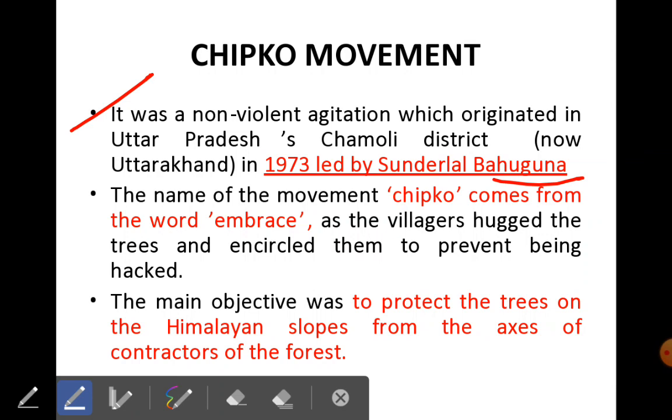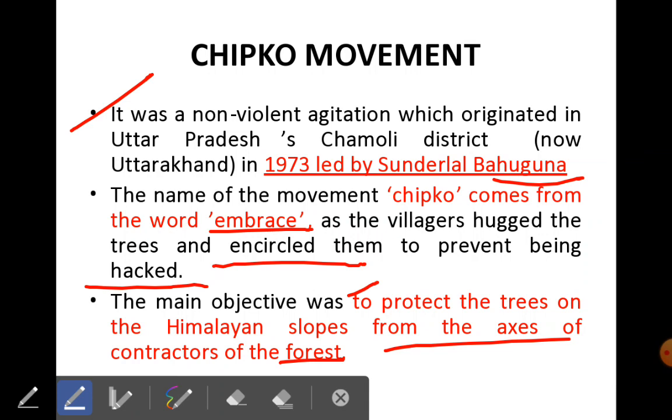The name CHIPKO comes from the word embrace, as the villagers hugged the trees and encircled them to prevent them from being hacked. The objective of the movement was to protect the trees on the Himalayan slopes from the axes of the contractors of the forest. They did not want the trees to be cut, so they did this.